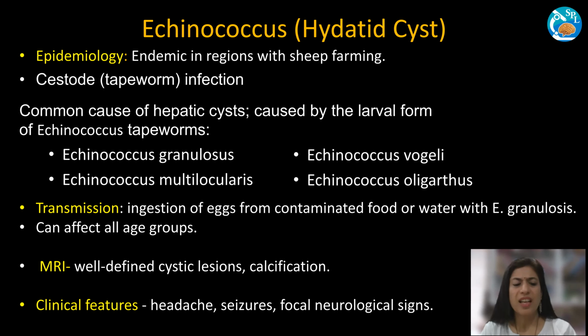It can affect any age group, but it is most common in children and young adults. The MRI reveals well-defined cystic lesions, and calcification may be found in the later stages. In the CNS, whenever it affects the brain, these patients present with headaches, seizures, and focal neurological deficits.